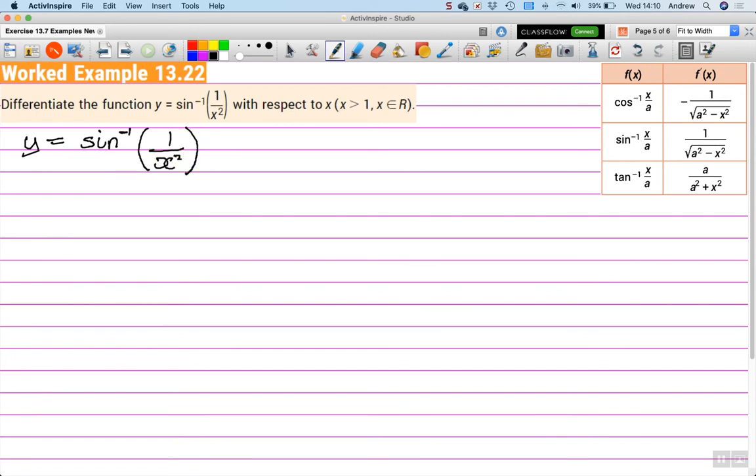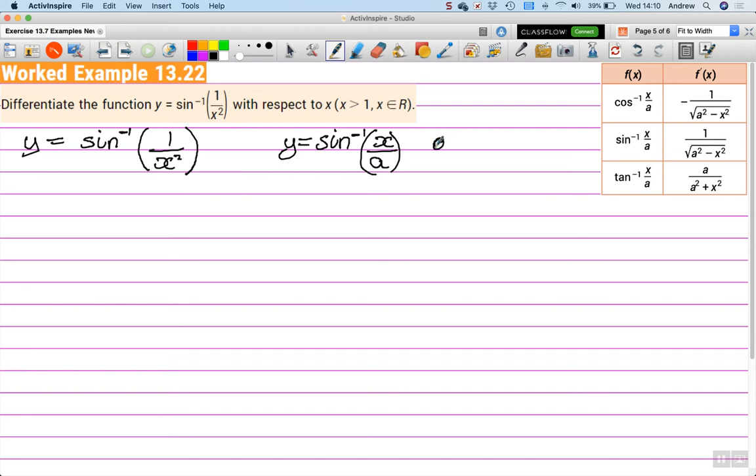Now the problem is that when we look at the formula for the inverse sine, the x is always on top and the constant is always on the bottom.